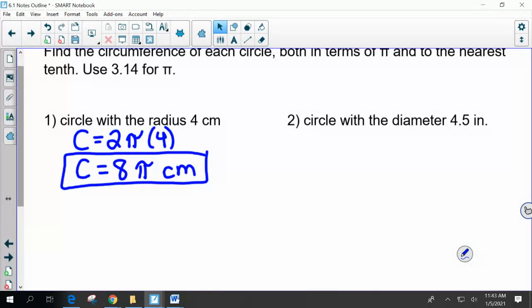And then my next answer is I'm replacing pi with 3.14. So C equals 8 times 3.14.